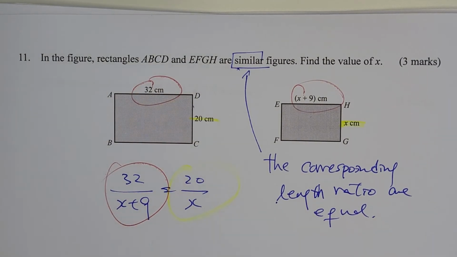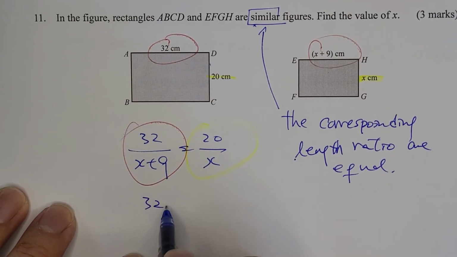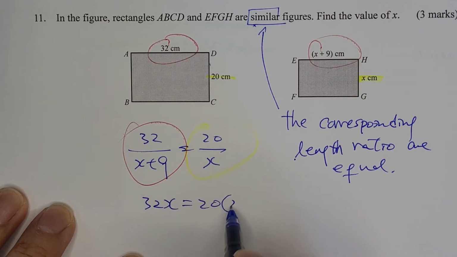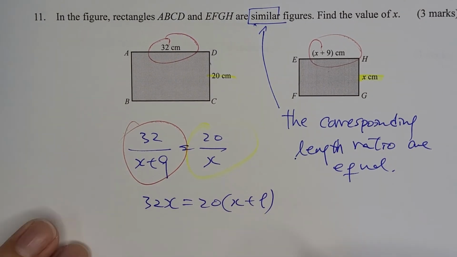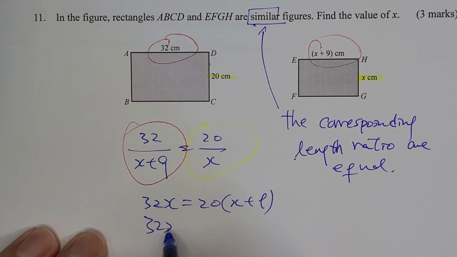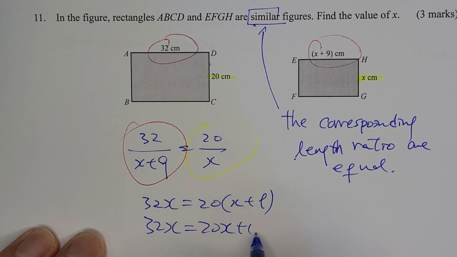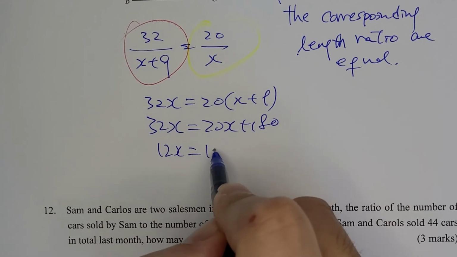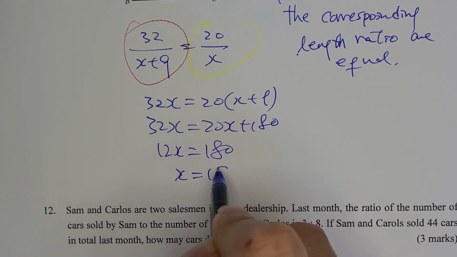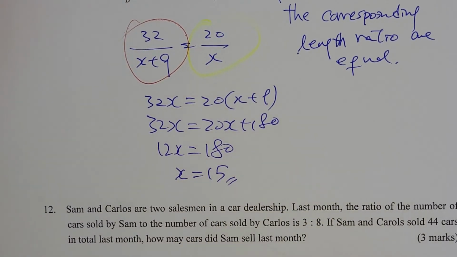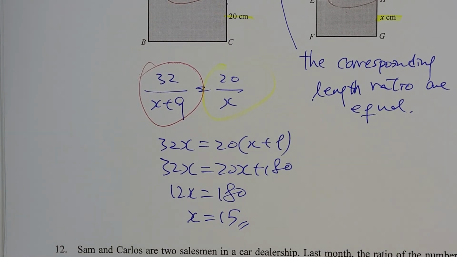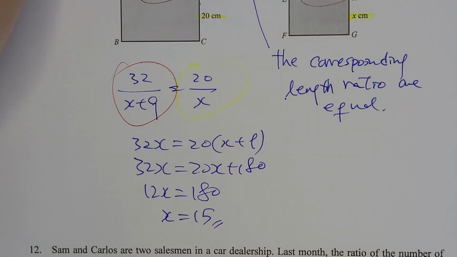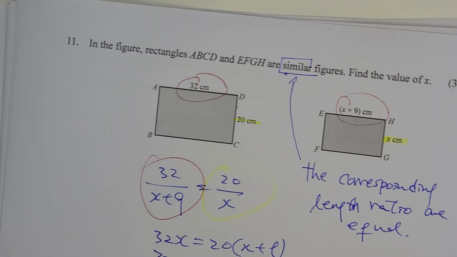Solve the equation. 32 times x equals 20 times x plus 9, and then simplify it. So 12x equals 180, x equals 15. That's the solution of question number 11. This question just asks you whether you know the meaning of the word similar.